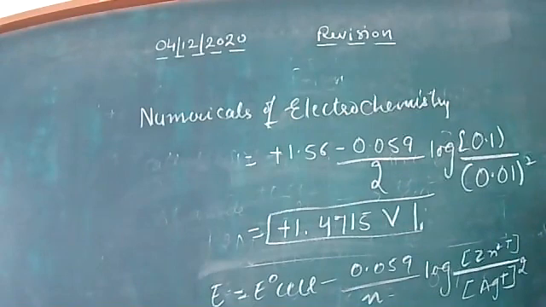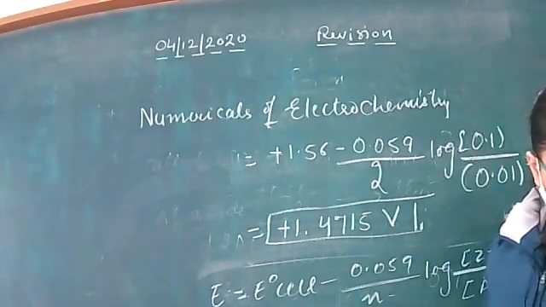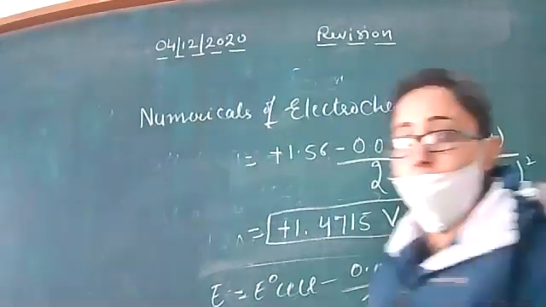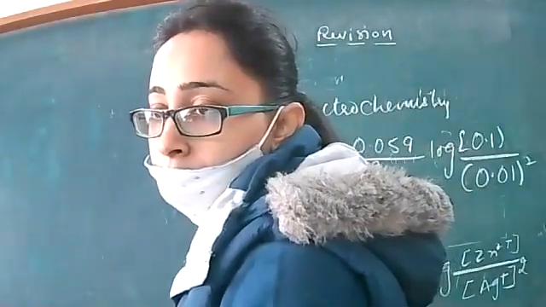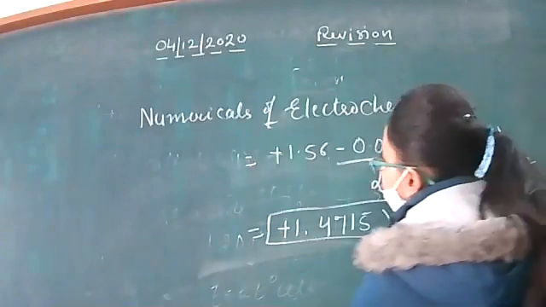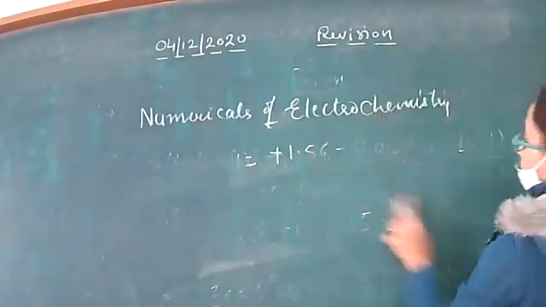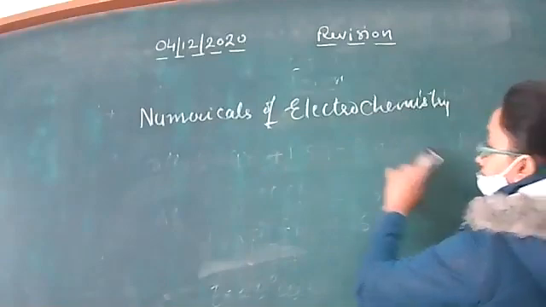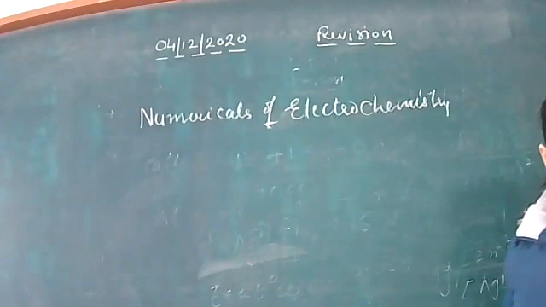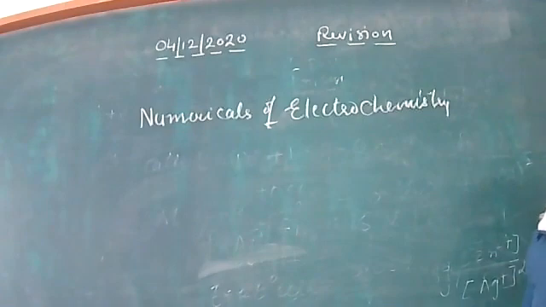So one more numerical of this type I am taking, then I will take the other type of numerical. So write down, it came in the 2018 paper. Write the cell reaction and calculate the EMF of the following cell.